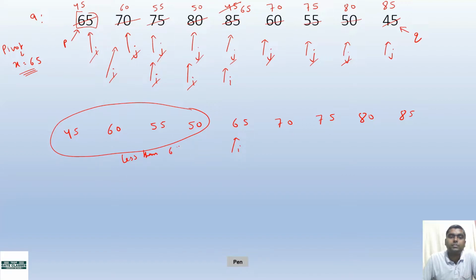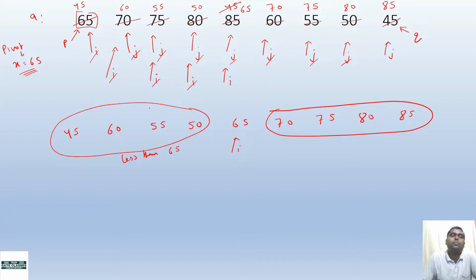So this is the beauty of this particular partition algorithm. First, whatever pivot element we selected, it will fix it at its appropriate place. The lesser values will be on one side and the greater values will be on the other side. So this is greater than 65. Okay, so this index will be returned. So this particular value, i, will be returned.